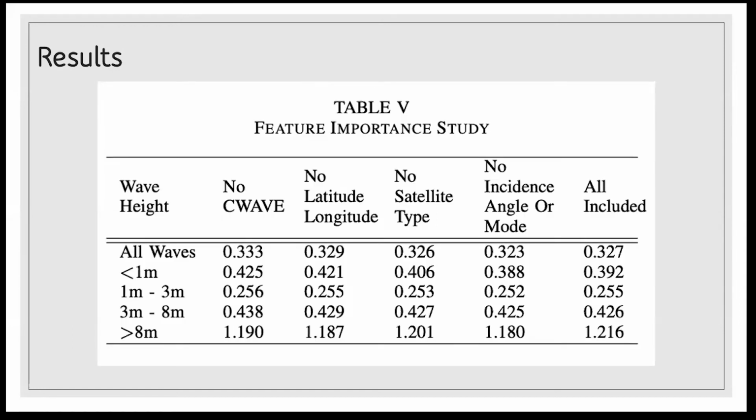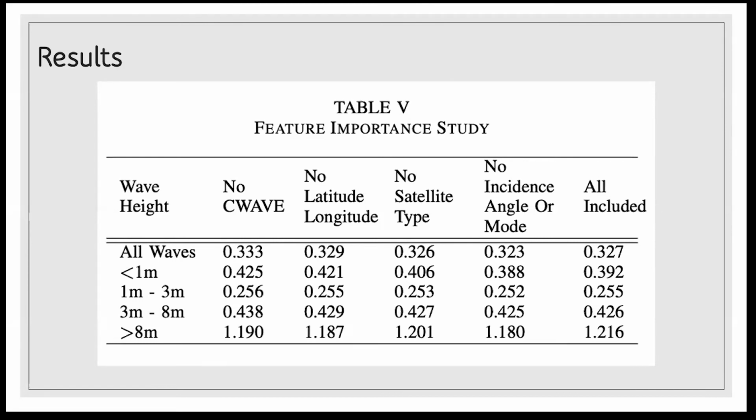We then go through a feature importance study. Once we settled on a final structure for our model, we decided to assess the importance of each of the additional features that we included outside of the image modulation spectra. Starting from the right, we see the performance when everything is included.